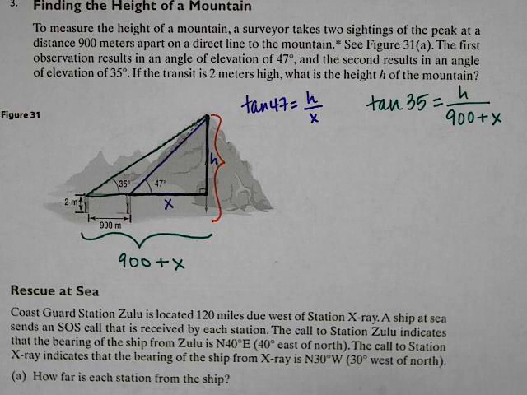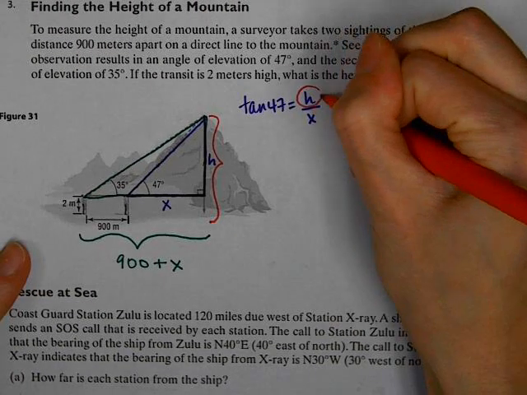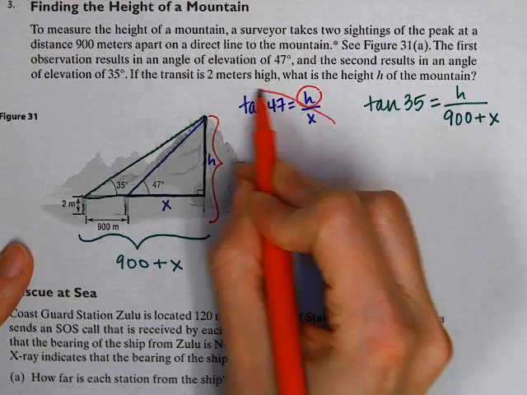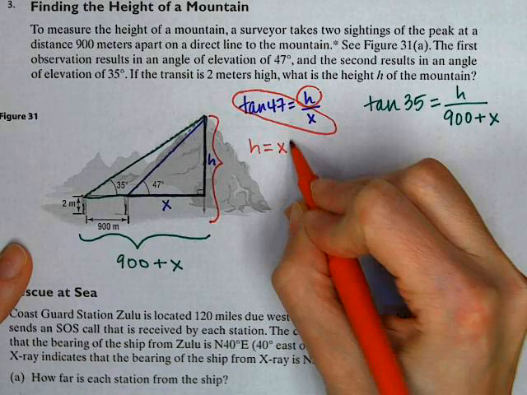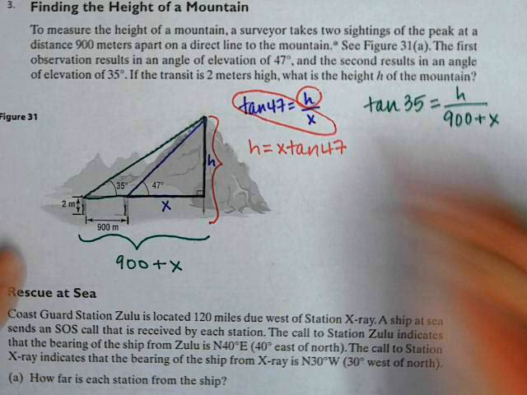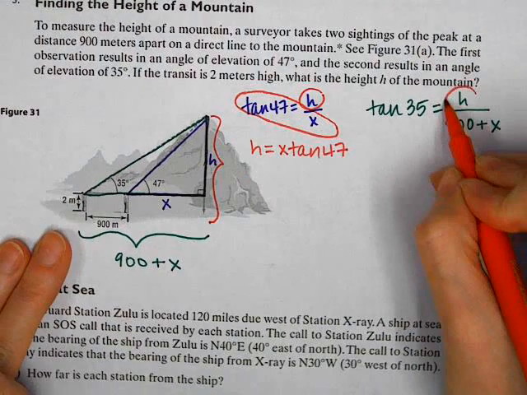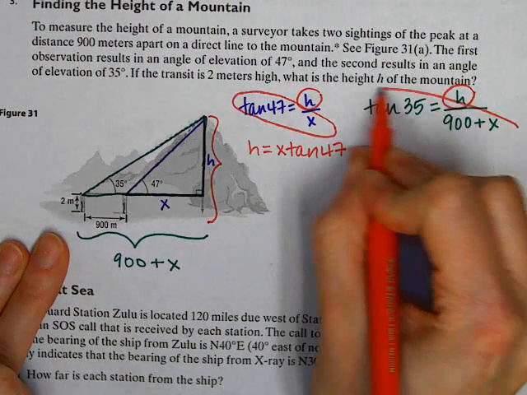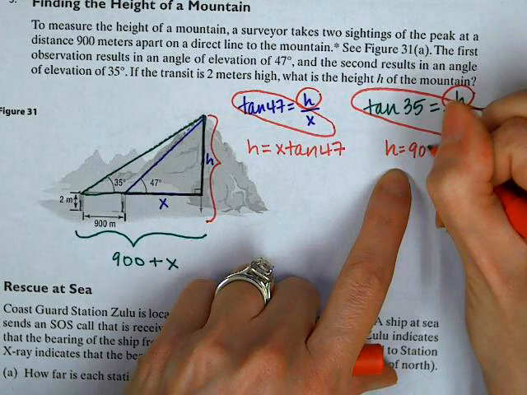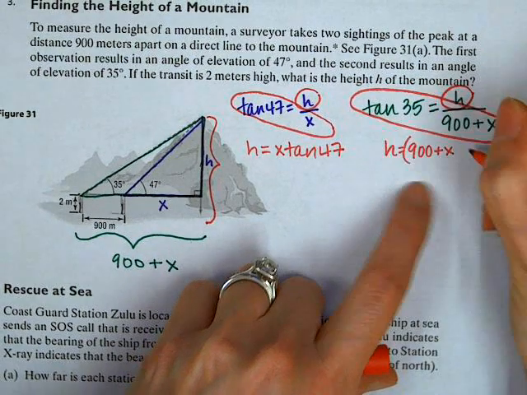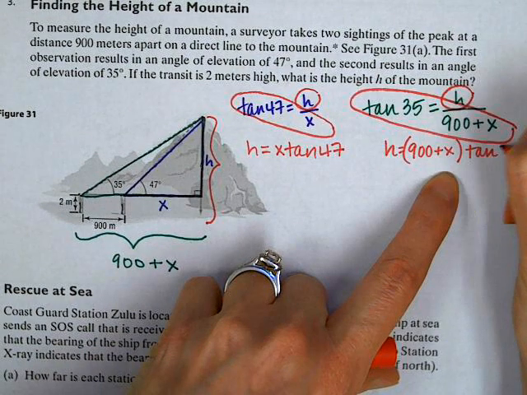So here's what you're going to do. If you solve for h on this one, you would just cross multiply. So h would be x times tan 47. And same thing here. If you wanted to get h alone, you would cross multiply. So h would be 900 plus x times tan 35.